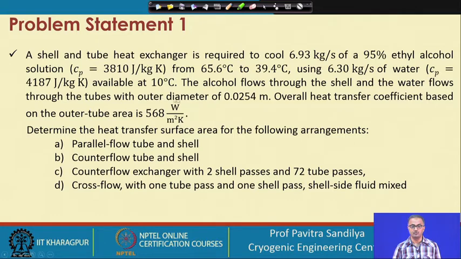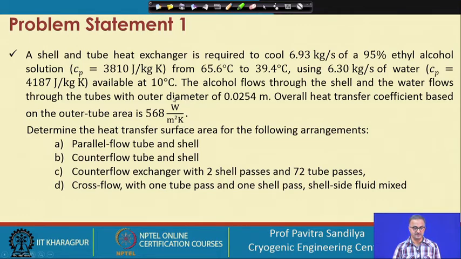The tubes have outer diameter of about 2.54 centimeter, that is about 1 inch, and the overall heat transfer coefficient based on the outer tube area is 568 watt per meter square per Kelvin.